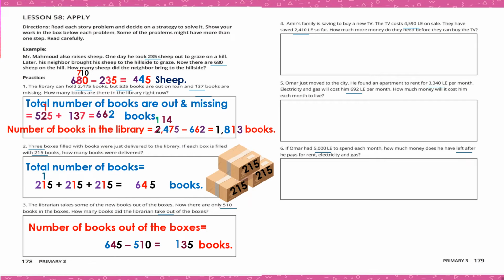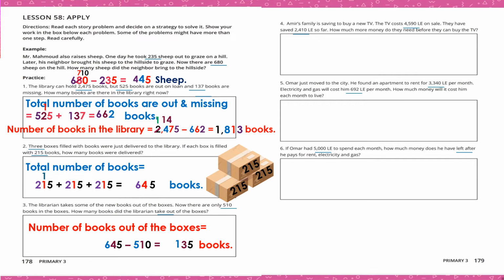Let's move to the next page. Number 4. Amir's family is saving to buy a new TV. The TV costs £4,590 on sale. They have saved £2,410 so far.